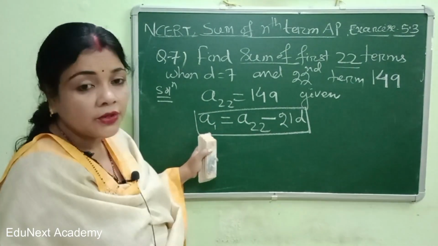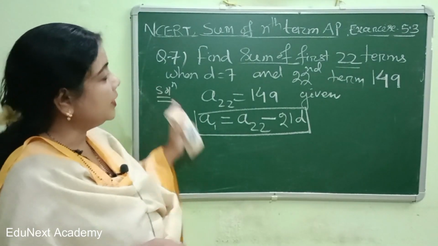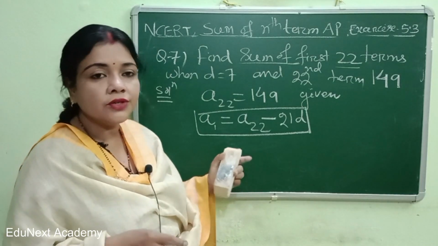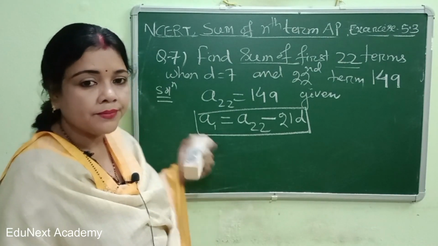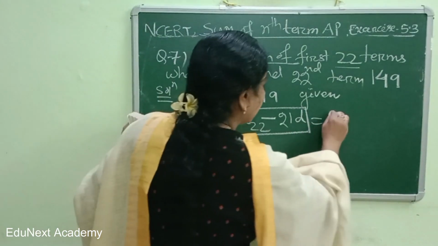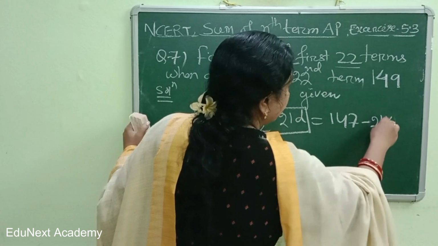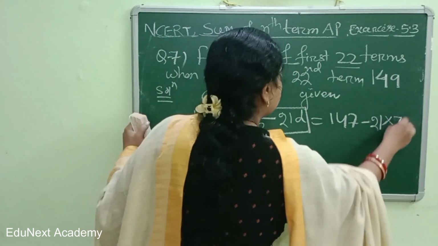This particular thing you need to remember, because in various problems, various conditions should be there, and according to various conditions, we need to apply our own brain. Okay, so it is 149 minus 21 into D, and D is given here as 7.